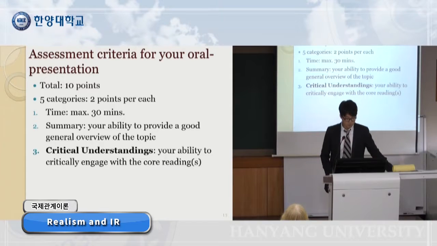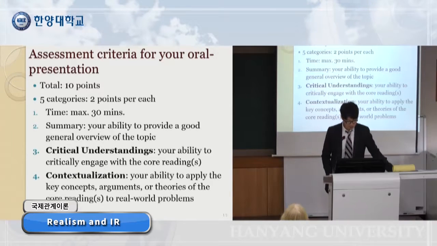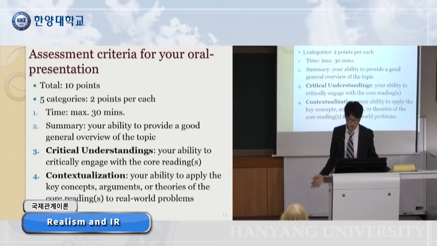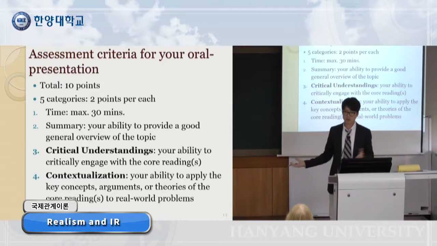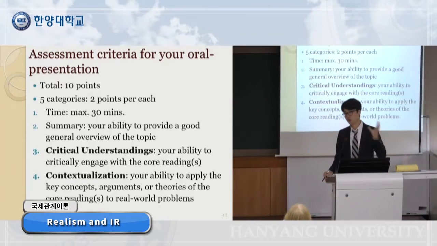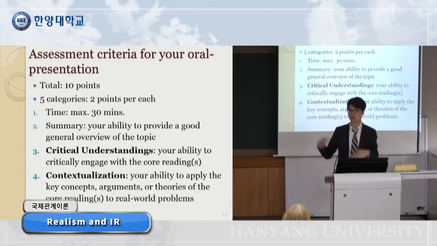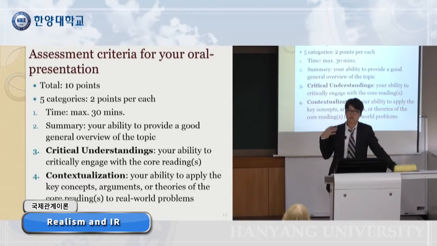The fourth category is contextualization. In this category, you should be able to demonstrate your ability to apply the key concepts, for example balance of power, security dilemma or arguments. Realism is generally pessimistic about international politics. It is all about war, power, material power, and great states, whatever.